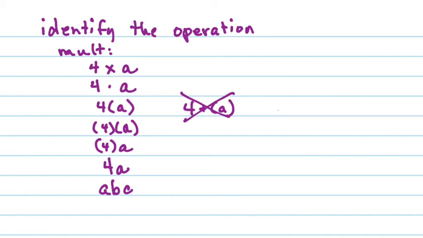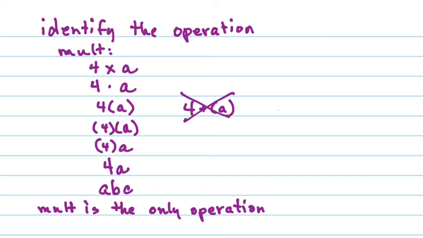So we've talked about these operations before and how algebra changes the operation. What you need to remember, though, is that multiplication is the only operation that requires no operation symbol.